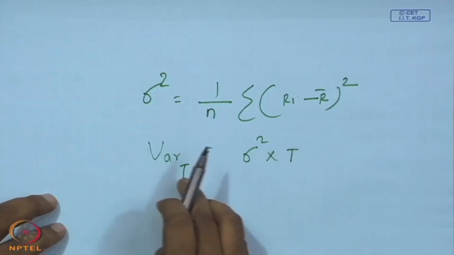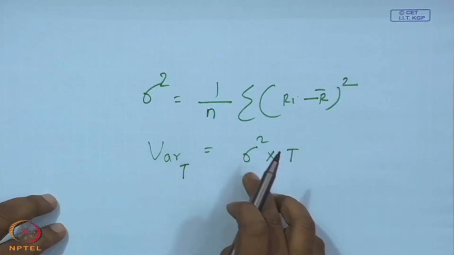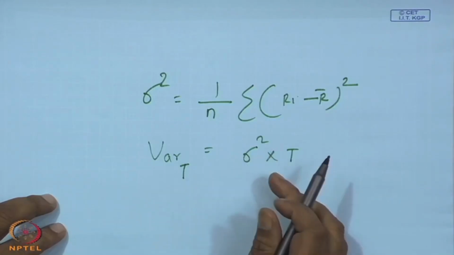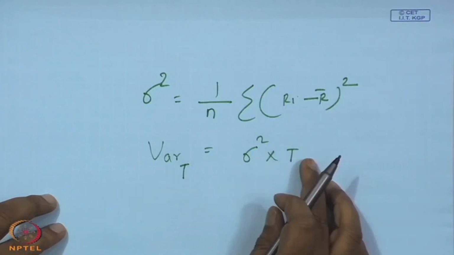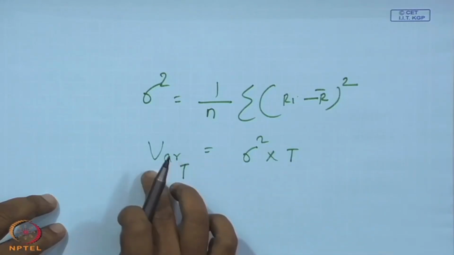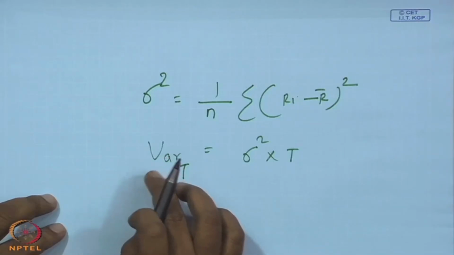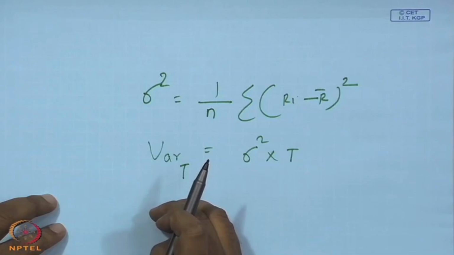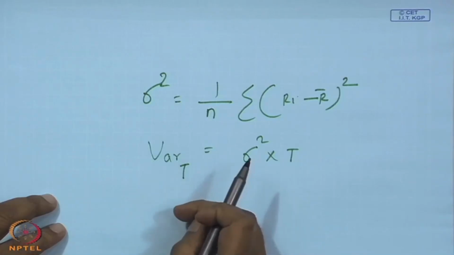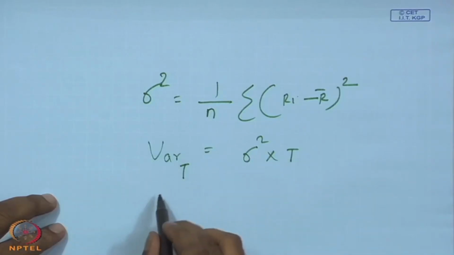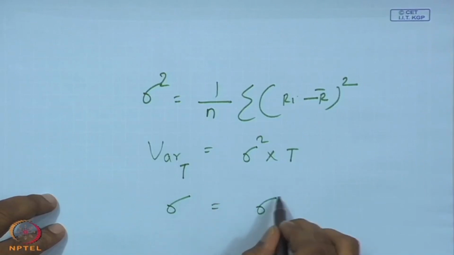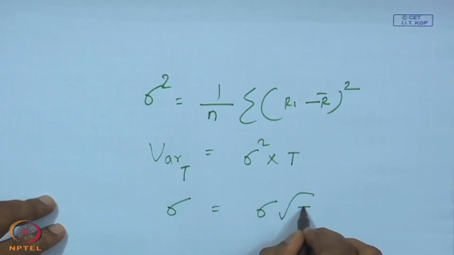Suppose we know the daily returns; for 7 days, the daily variance into 7 will be the 7 days variance. For 1 month, suppose you know the daily variance, what will be the variance for 30 days, you multiply by 30. Similarly, standard deviation is nothing but the value sigma into root over t.